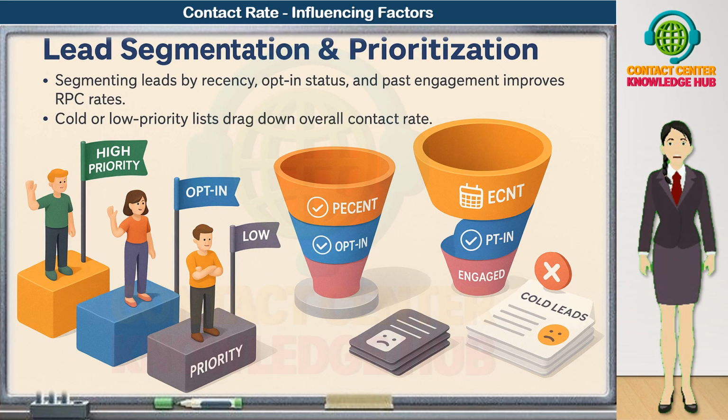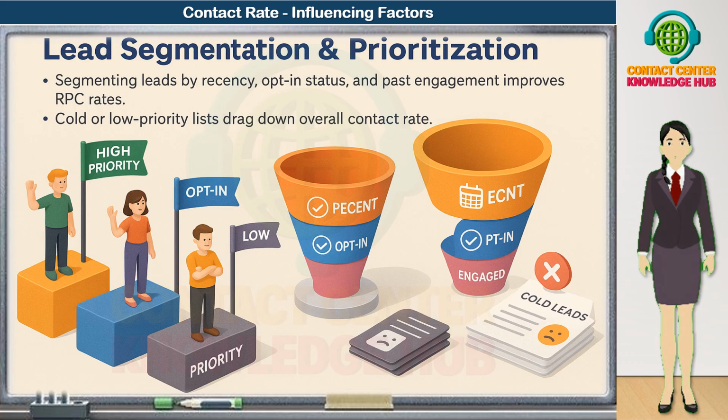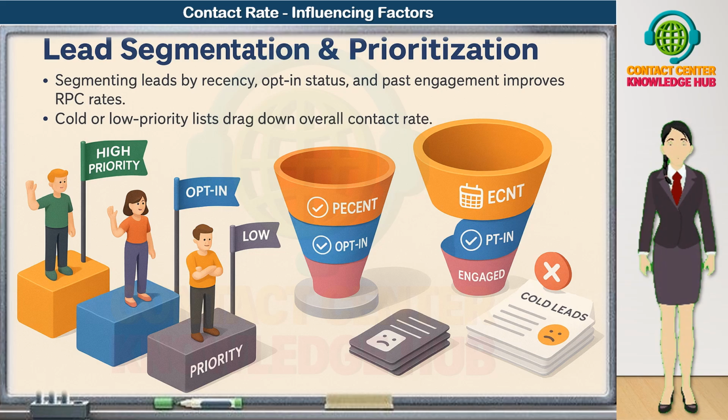Another important influencing factor of contact rate is lead segmentation and prioritization. Not all leads carry the same potential, and how you organize them can dramatically impact your right-party contact performance. By segmenting leads based on recency, opt-in status, and engagement history, you can ensure your agents focus on the most reachable and responsive customers first.